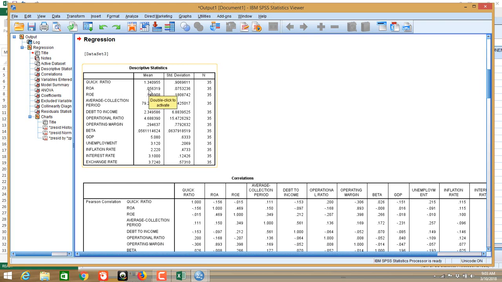Second one, ROA. ROA means return on asset. The formula is income divided by total asset. You want to see how much profit you generate from asset. So in this case, it tells you every dollar of asset you generate 5 cents. Or in other words, you can also say 5%.